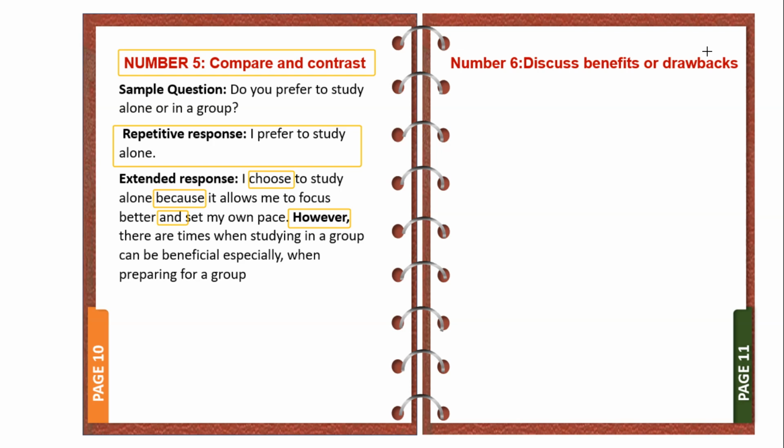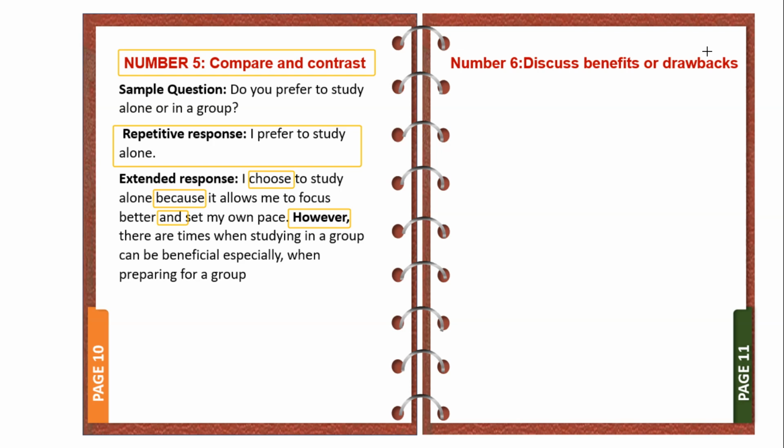So this shows that I am actually comparing studying alone and that of a group, right? So I chose that I like to study alone, but there are also times when studying in a group can also be beneficial. So this is how you can also use comparison and contrasting when you are answering a part 1 question in speaking.